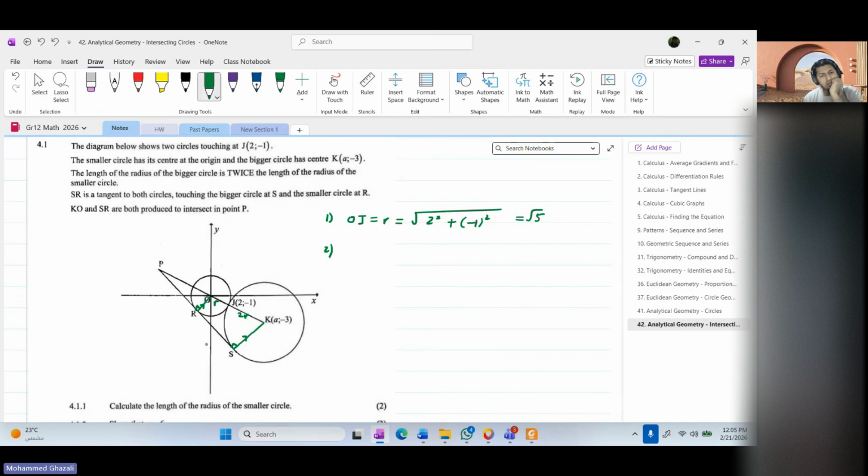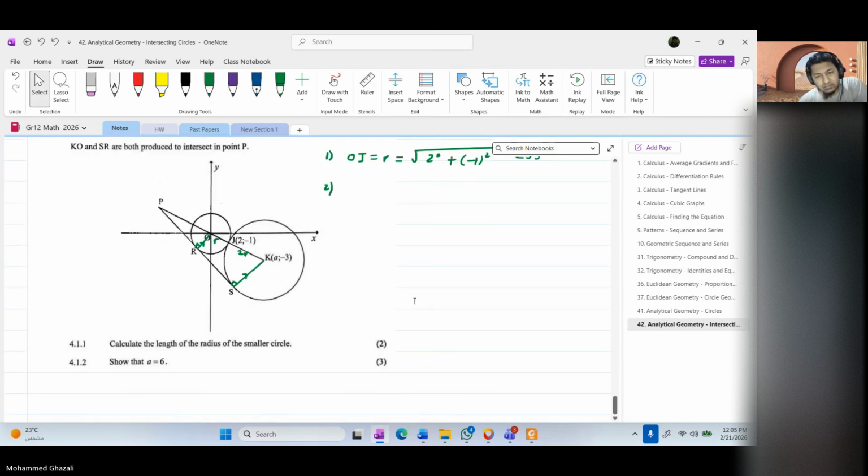Again, O, J and K lie on the same straight line. So the gradient of OJ is equal to the gradient of JK because of collinear points.